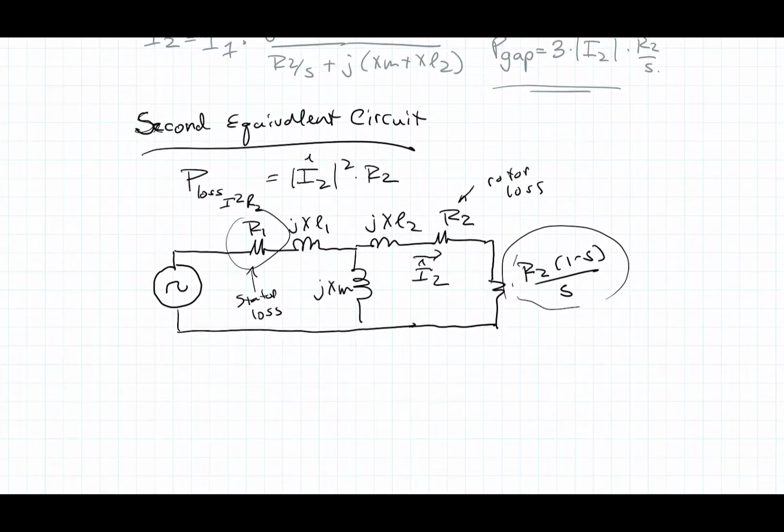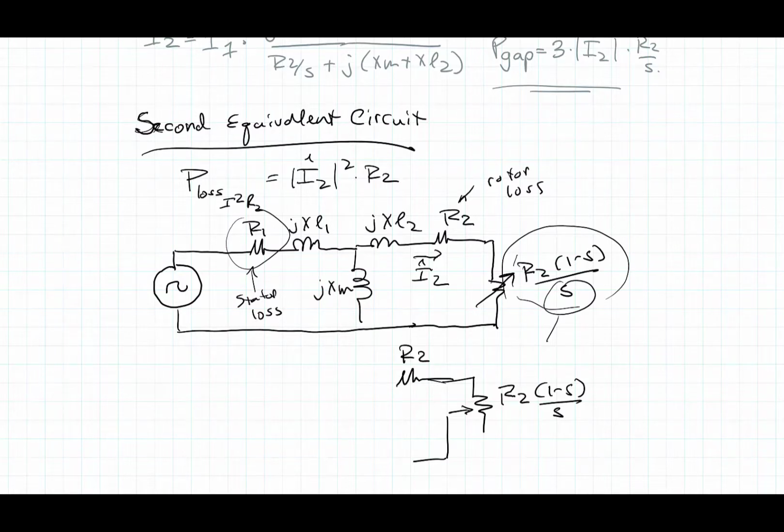And I also want to point out that this is a variable resistor because S is variable. So in the book, they show it like this. It's kind of like this silly thing here, like it's a rheostat or something like that. There's your losses there, and then the rest of the circuit.